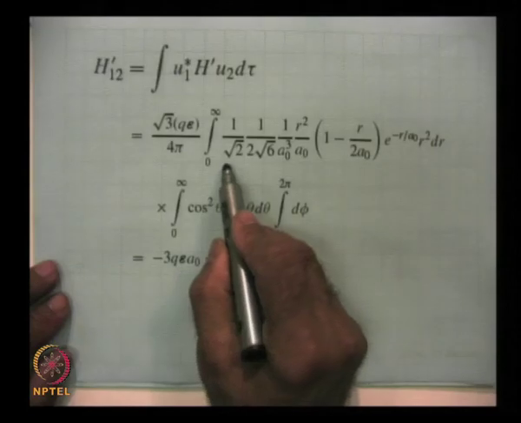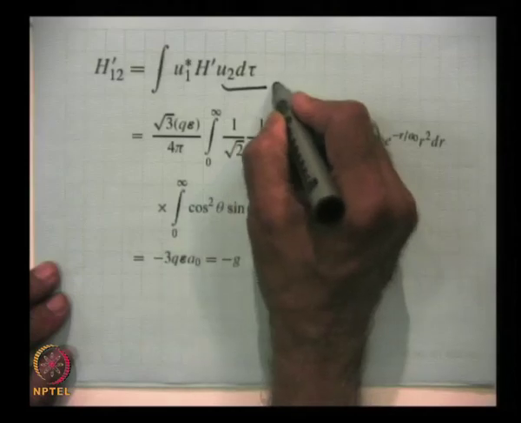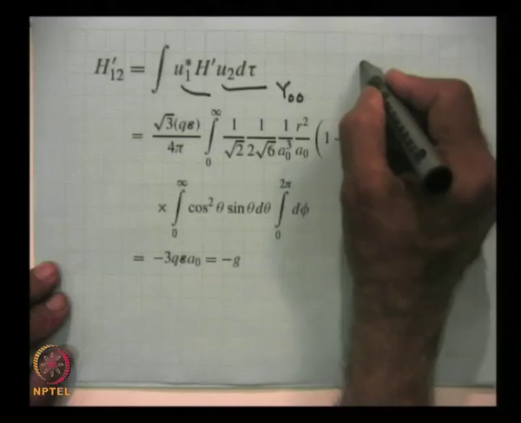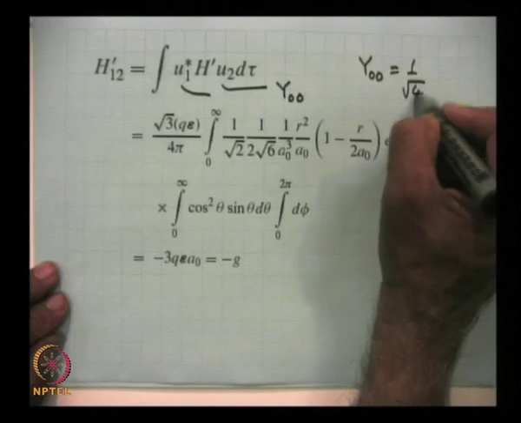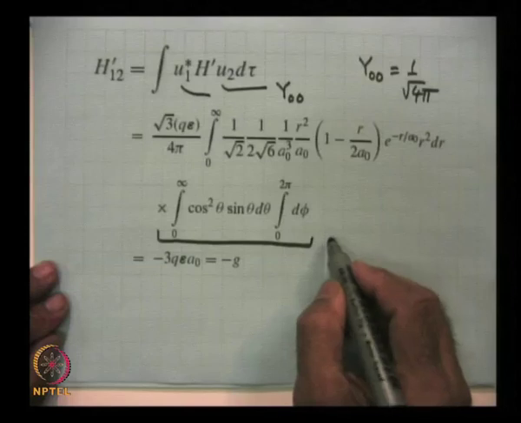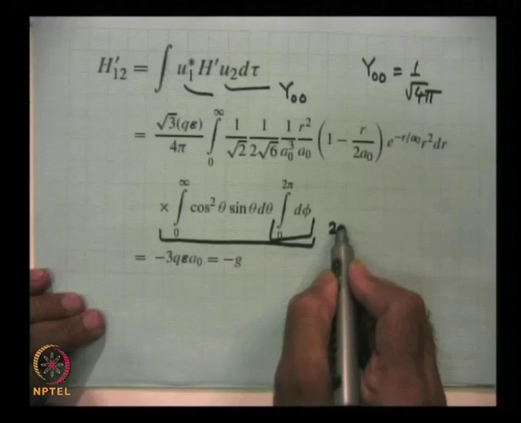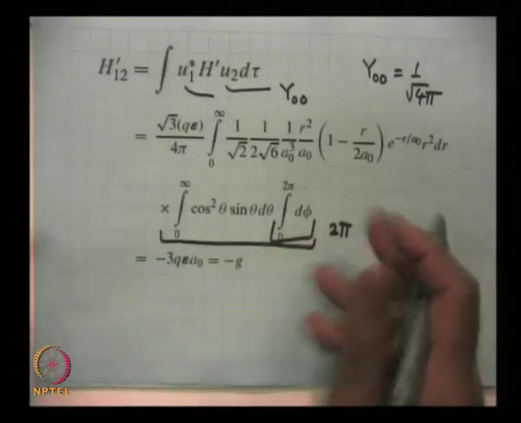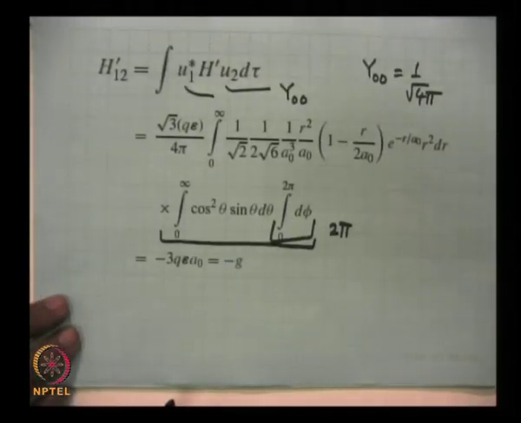So, you calculate, both of them are y 0 0, so the angular part will be y 0 0. That is 1 over root 4 pi, and this integral will be 2 pi, and there is an r cos theta term which is because of the perturbation, and it will come out like this.